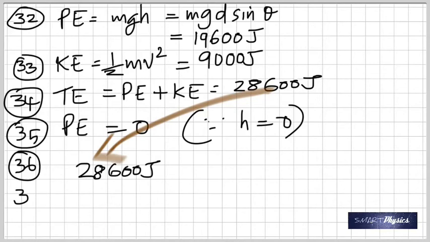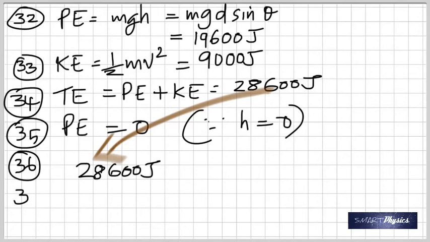37 says, what is its kinetic energy just before hitting the ground? Who can give me the answer? 28,600. Because didn't we already say that the potential energy is 0? But yet the total should be 28,600. So what does that mean? All of it is kinetic. Come on now.